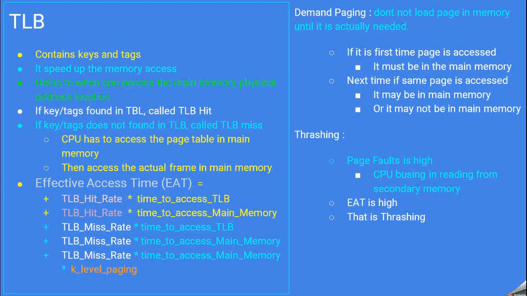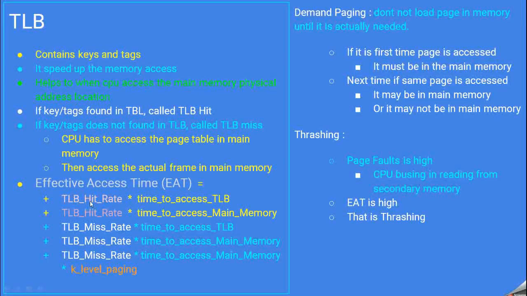Sometimes when a process is running, there will be a TLB hit, and sometimes a TLB miss. So overall, how do we know how much access time there is? We have a formula for this, called effective access time. How do we calculate it? For example, the TLB hit rate, meaning the probability that it can hit.